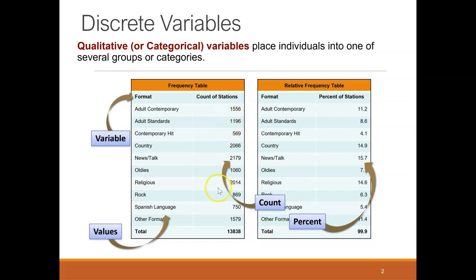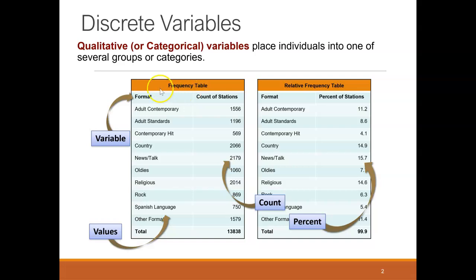Over here is the number of stations in that format. The count is not a variable. Again, the vocabulary that I'm going through is important. Okay, the count is not a variable.